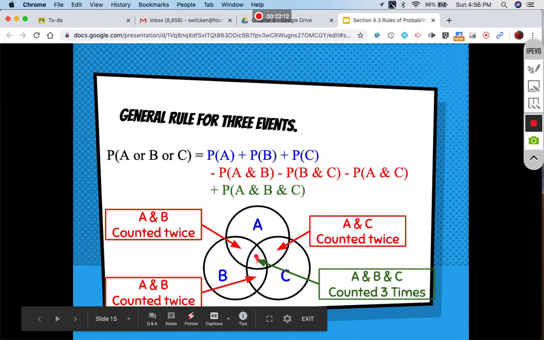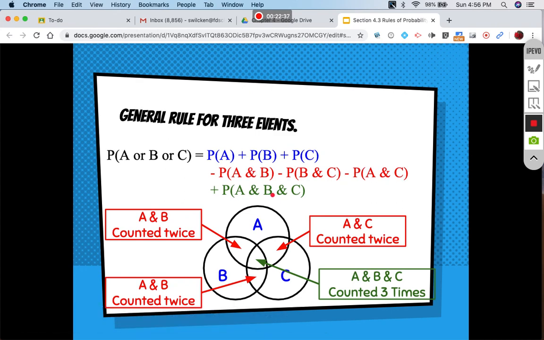However, this part in here is counted in all 3 of these. So we've counted these numbers 3 times. So we counted it 3 times, and then we subtracted it out once here, once here, once here. So we've subtracted it completely out. So now we have to add it back in again. So that's where we have to add the probability of A and B and C.